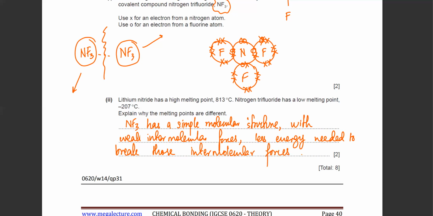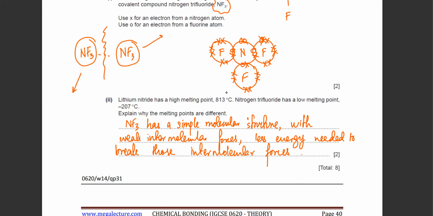Or the other way around, you could have explained why lithium fluoride has a high melting point. Because you were given only 3 lines, you can either write why this has a low melting point, or why lithium fluoride has a high melting point.